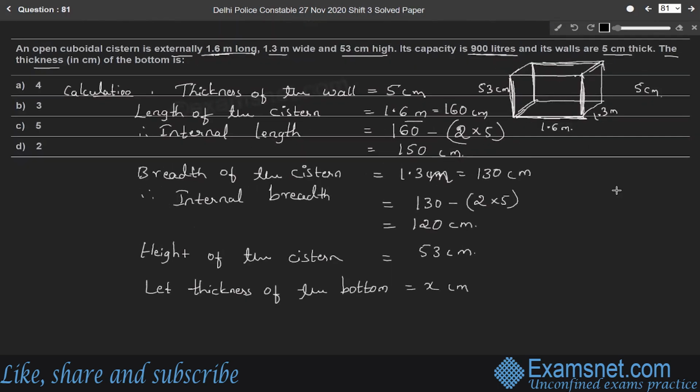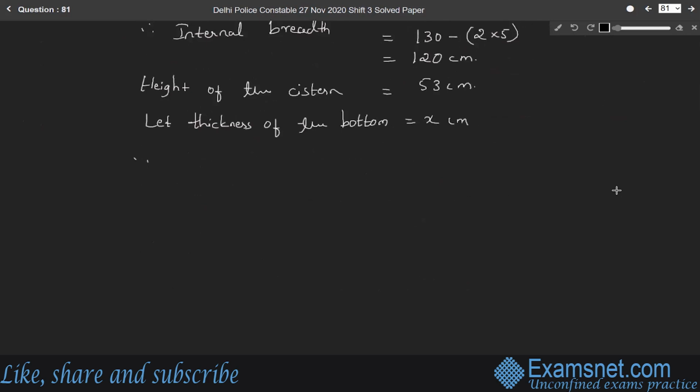And here we don't have thickness of the top because it is an open cuboidal cistern. Therefore, internal height of the cistern is equal to 53 minus thickness of the bottom, that is 53 minus x centimeter.